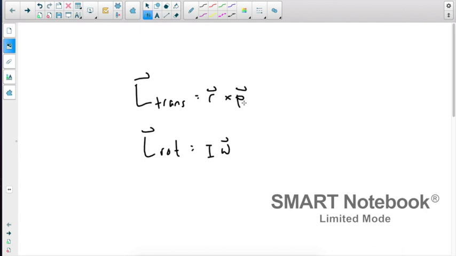So we know that regular momentum has units of kilogram meters per second, right? Remember that regular momentum is mass times velocity.